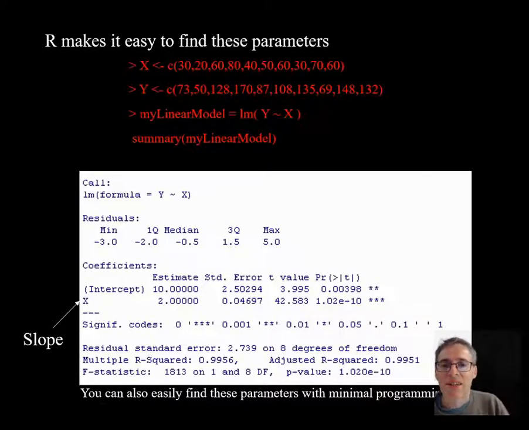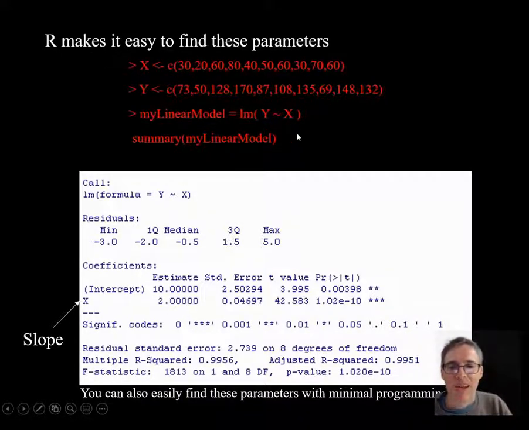It's super easy in R. R has a very nice syntax that makes things very easy. If this is our x data and this is our y data, all we have to type in R is lm, that's a function, y data, squiggle x. Then if we type summary of my linear model, R is going to dump out all this information. We'll go through this output in a fair amount of detail. This is the estimate from the residual sum squared.